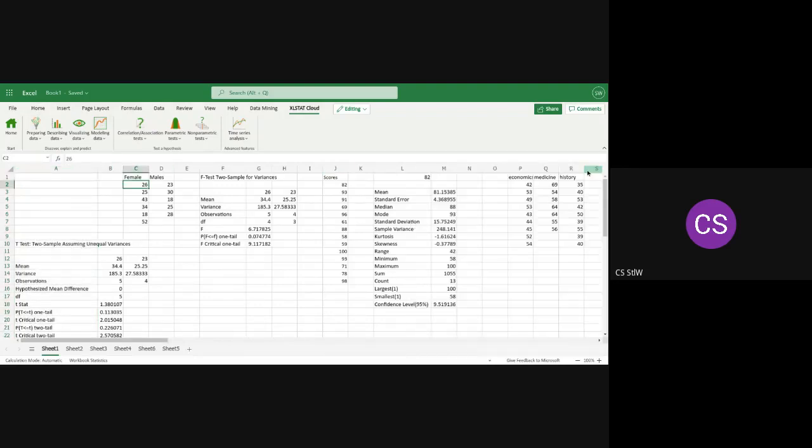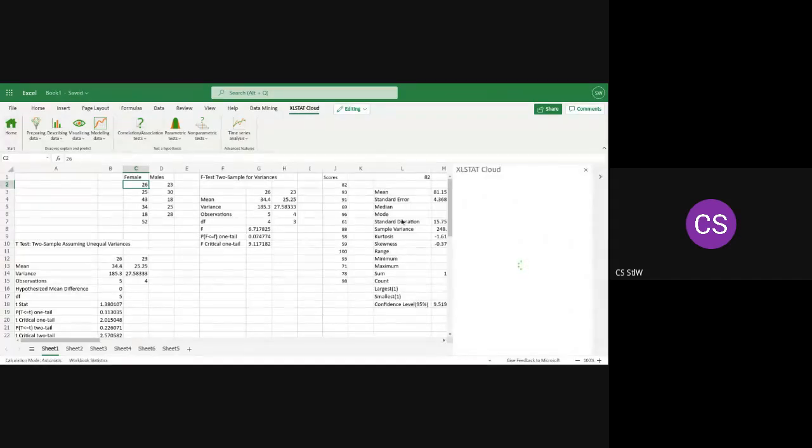For those for whom it has opened up, it should give us a green interface that you can interact with.